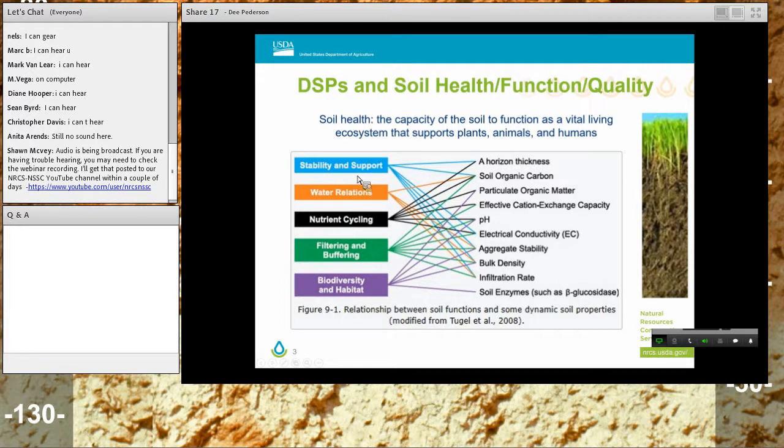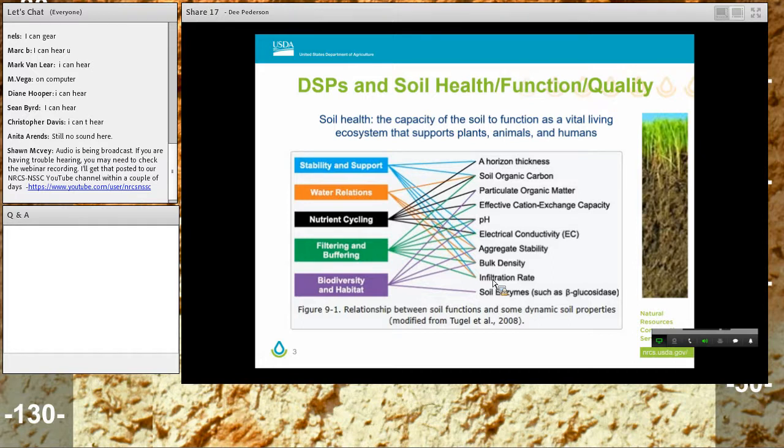So if you just were to look at stability and support, for instance, then you'll note that the properties that influence that are A horizon thickness, soil organic carbon, pH, electrical conductivity, aggregate stability, bulk density, infiltration rate. And then if you said, okay, what about water relations? You've got some of the same properties that influence water relations: soil organic carbon, aggregate stability, bulk density, infiltration rate.